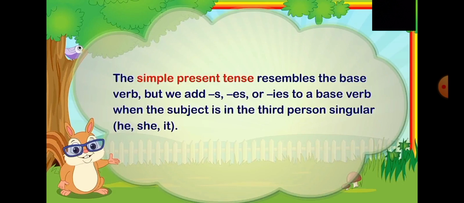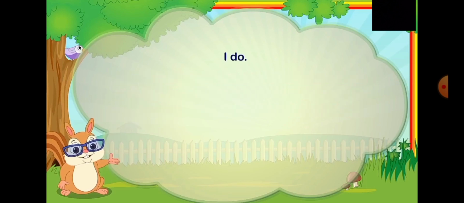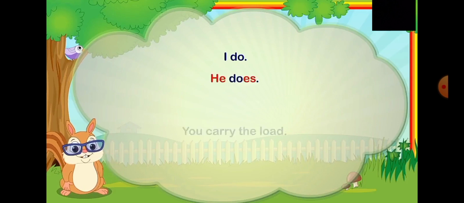The simple present tense resembles the base verb, but we add s, es, or ies to the base verb when the subject is in the third person singular. For example, he, she, it. I do, but he does.